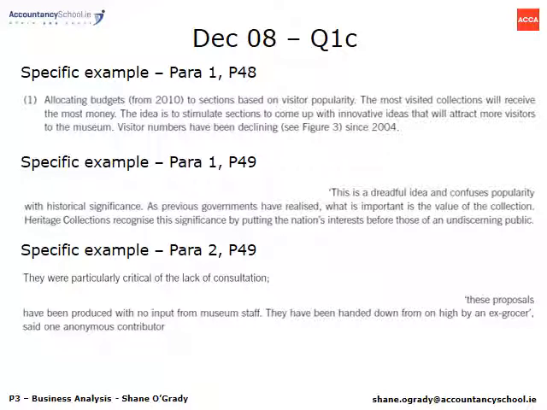If you look at paragraph 2 on page 49, this is people within the organisation, they were particularly critical of the lack of consultation. Again, what purpose would consultation serve? The government have issued an edict. The Director General has been given this set of criteria, and he has to come up with a plan to basically accommodate that.